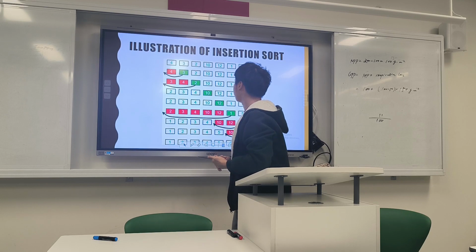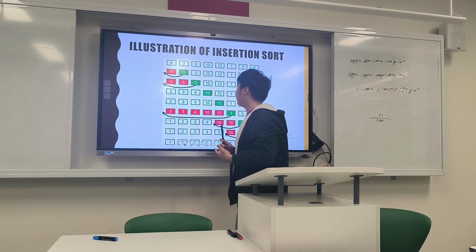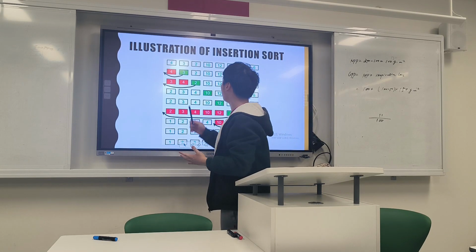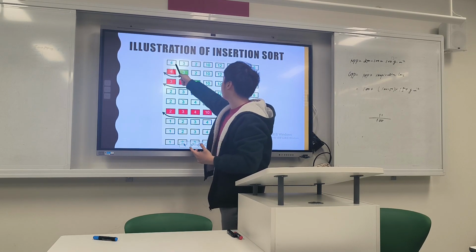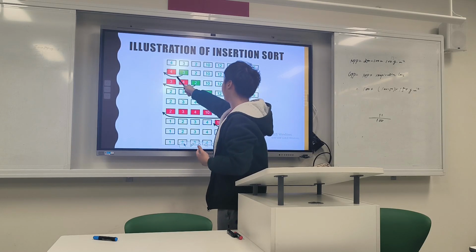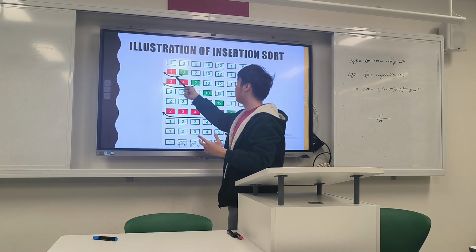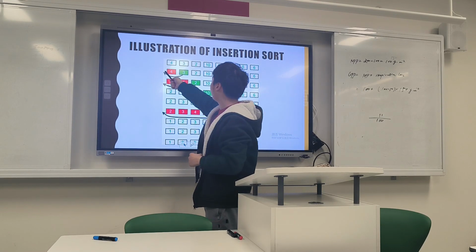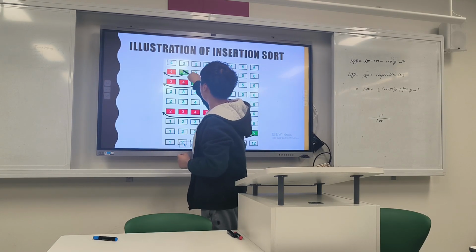And then we will keep comparing it to the elements that are in front of this element, so in this case we only have 4. After comparing them, we find that 3 is smaller than 4, so we will insert 3 in front of 4, and we will put it in this position.